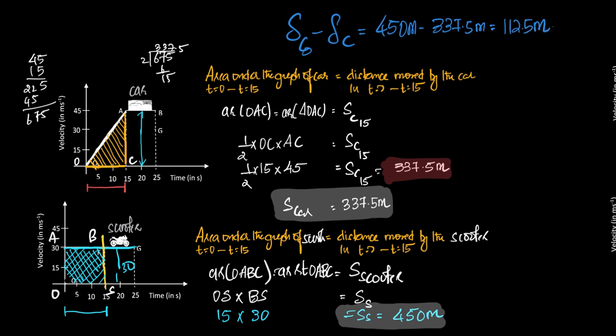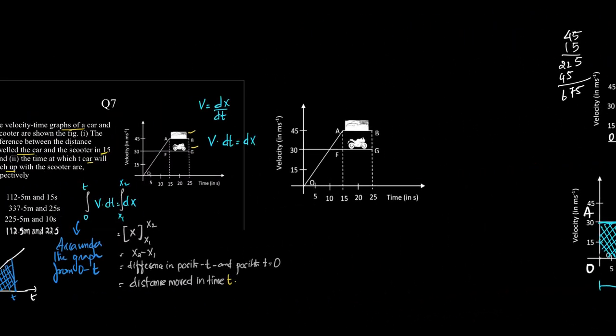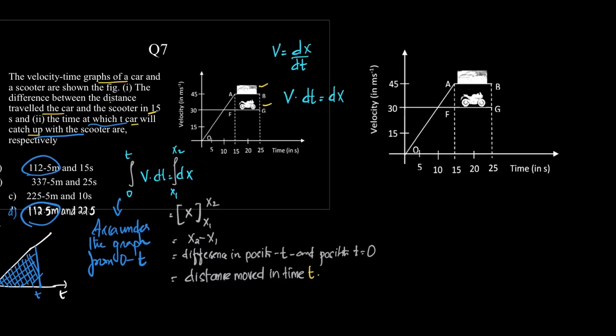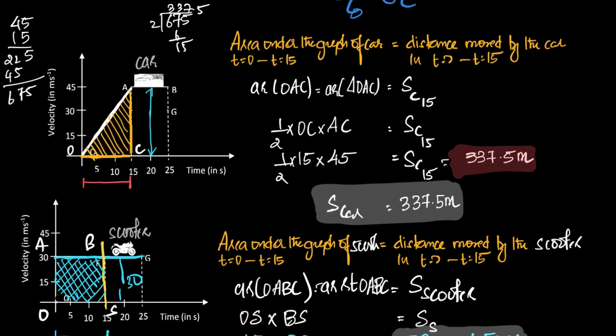Okay, let us come to the options. So there are two options which say 112.5. Now we need to find out the rest, which is the time at which the car will catch up with the scooter. Okay, how do we do that?